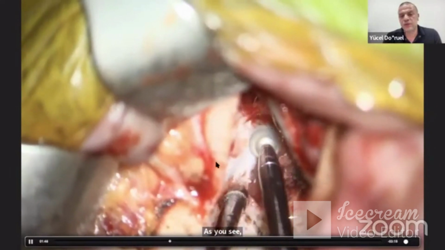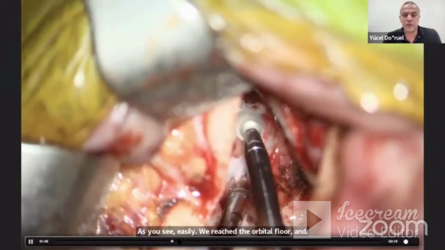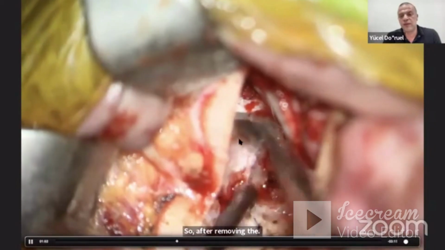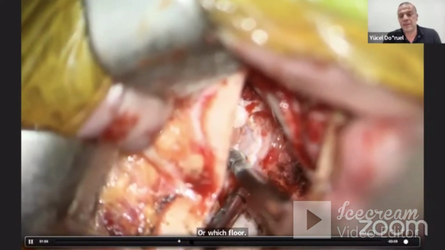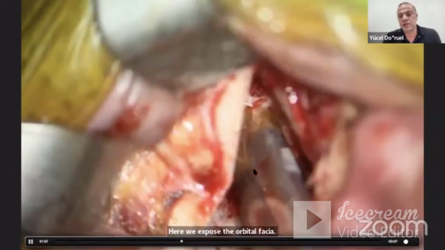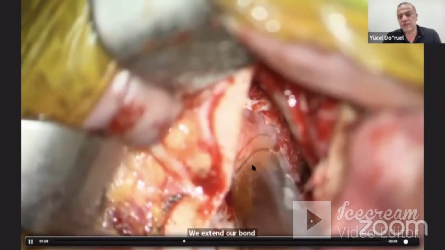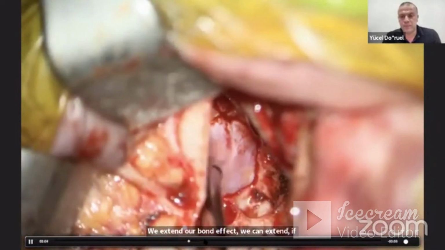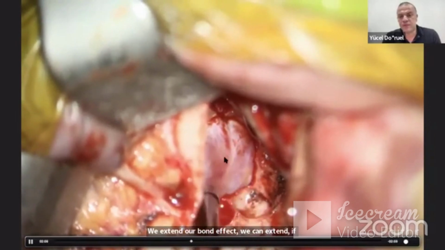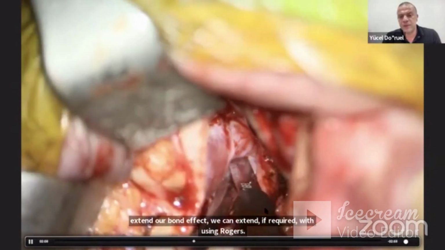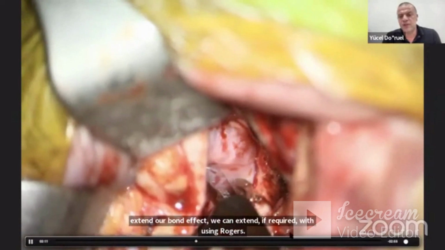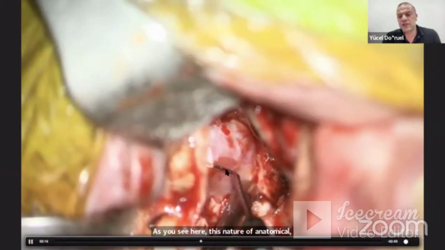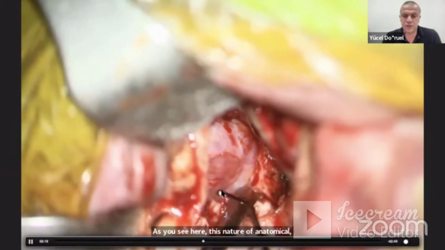After removing the orbital floor bone, here we expose the periorbital fascia. We extend our bone defect, which we can extend if required using Kerrison rongeurs. This is the periorbital fascia. As you see here, this natural anatomical cavity easily allows access to these orbital pathologies.